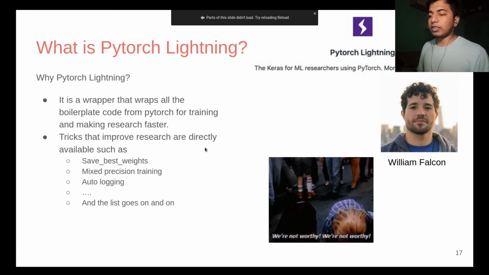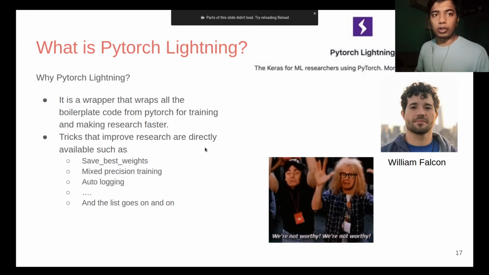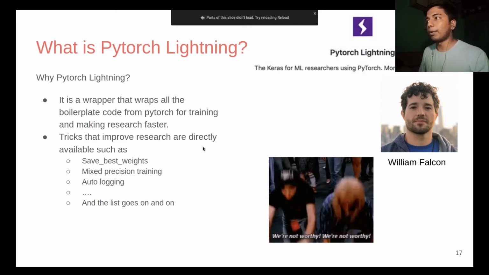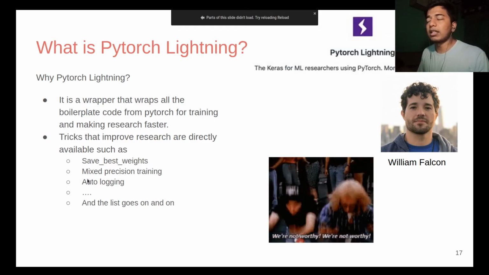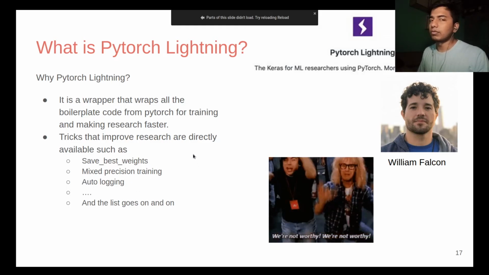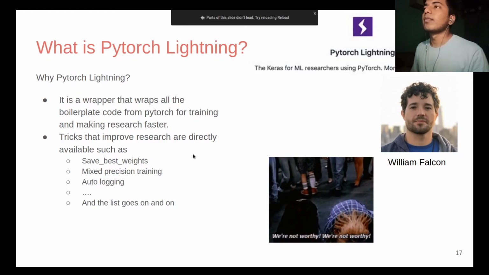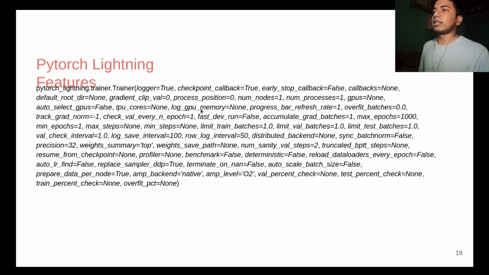It has a lot of things that you usually have to code up, for example saving best weights, mixed precision training, automatic logging, and the list goes on and on. These are all the features that are available in PyTorch-Lightning. I would love to go through this, but you can just pause the video and look at all these features that are available within a single function. That's the best part of it.